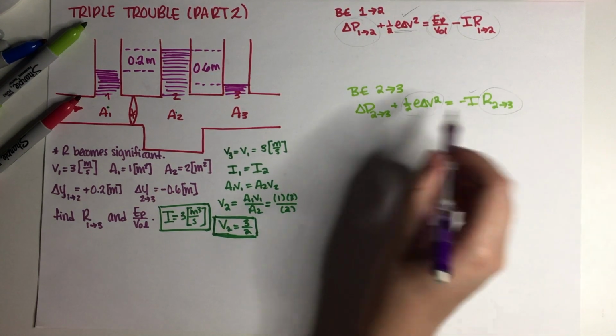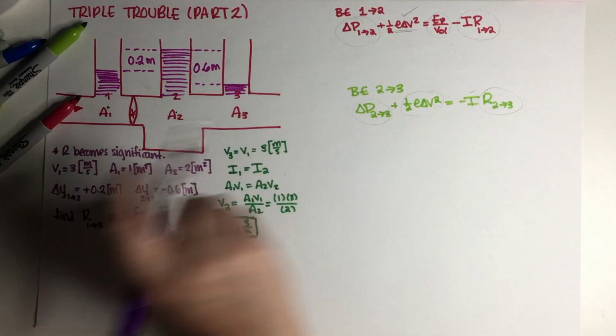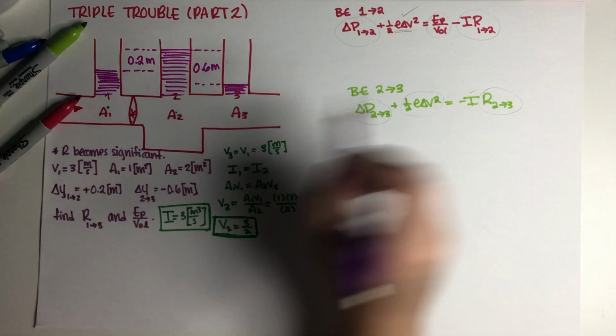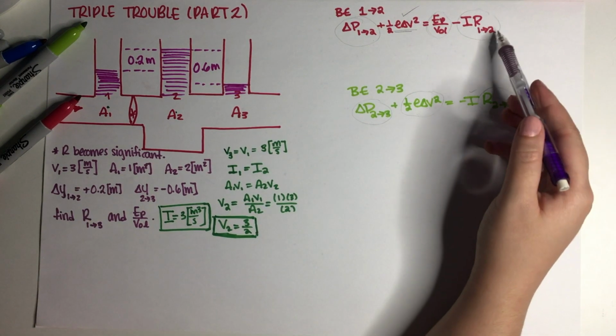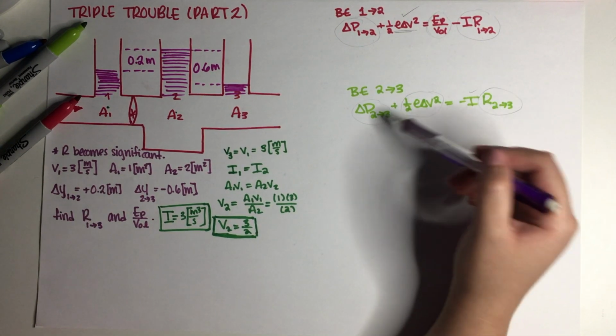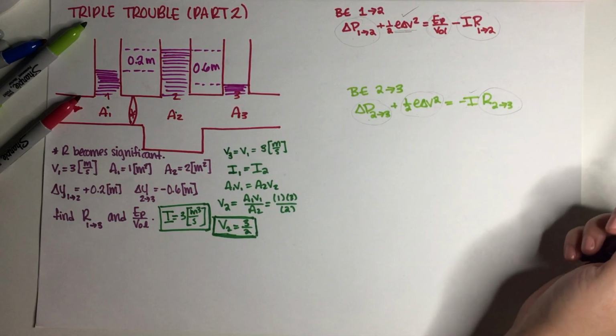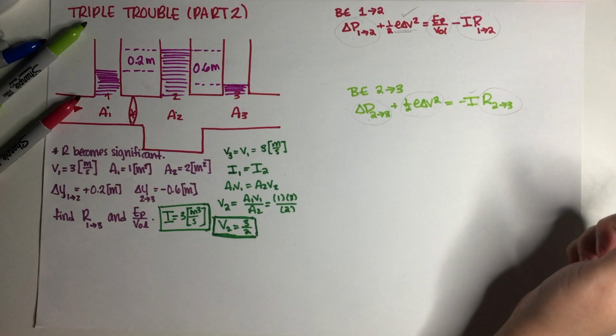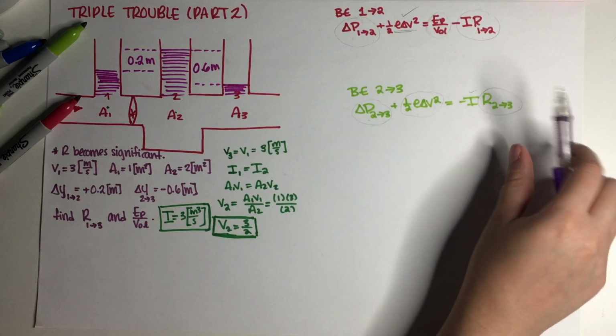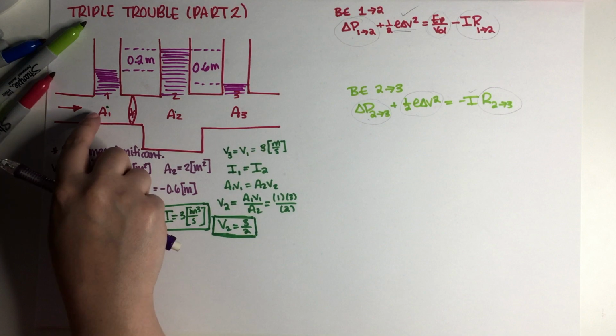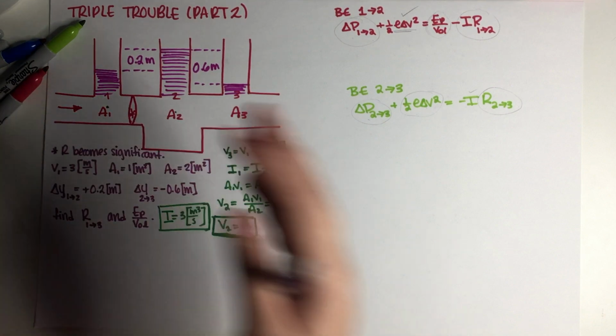And also, I don't know what this delta P is. So yes, this looks a little bit more promising than this, because at least this is 2 things that we don't know versus 3 things that we don't know. But we still don't really have any kind of way to solve this problem by just using the Bernoulli equation over here.